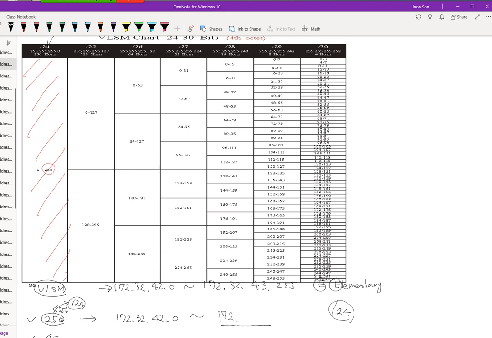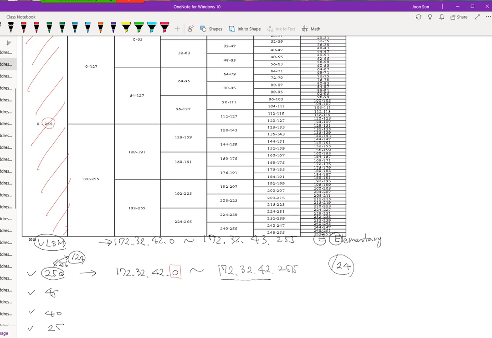And then this is a class C. So we have to really work on the last, fourth octet, right? So that means 172 dot what? 32 dot 42 dot what? 255, right?